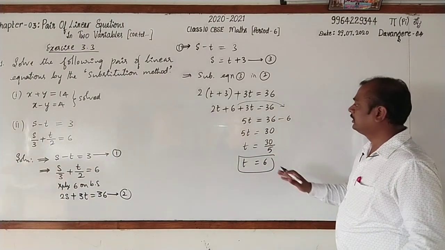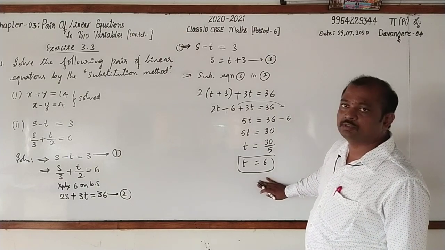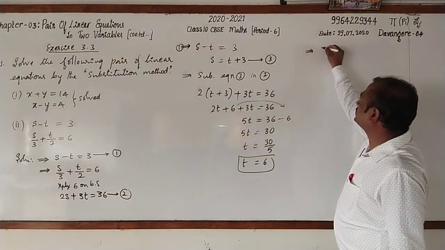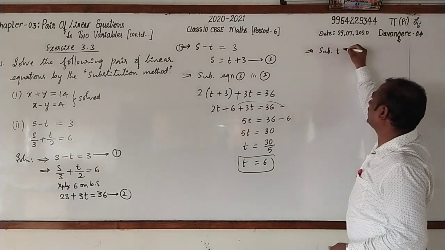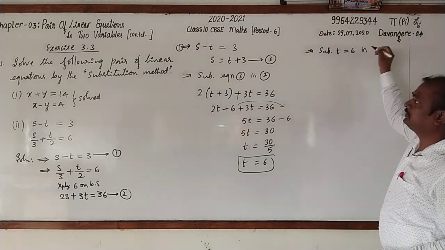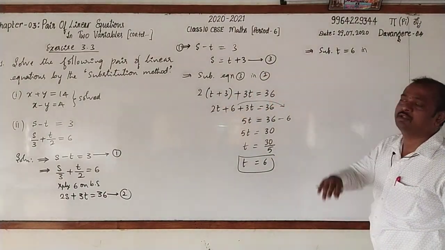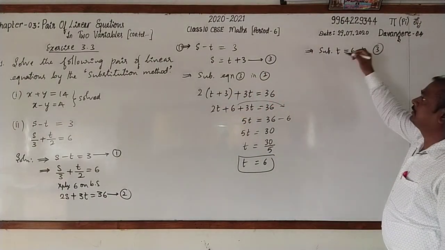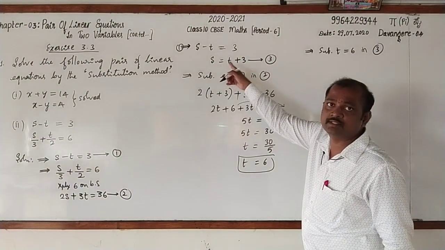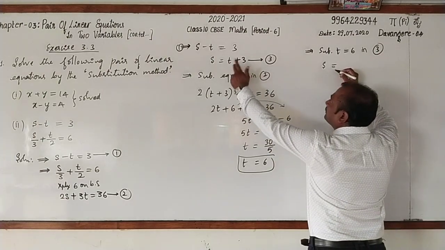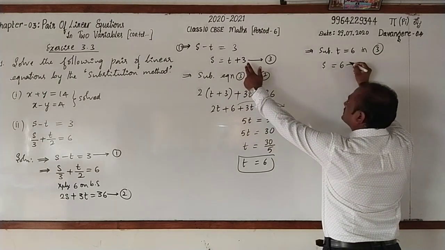Got it? Next, we have to find the value of s. Hence, substitute the t value, that is t equal to 6, in either equation 1, 2 or 3. Let me take equation 3, because we can find s directly. Now s is equal to t plus 3. What is t? 6, plus 3.